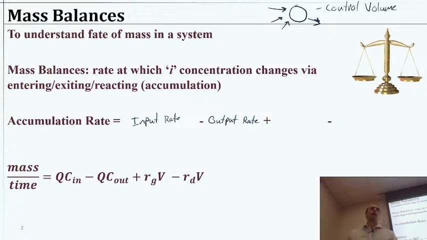Again, we could have multiple exits. There's nothing wrong with that. And then anything that's going to add in a positive way to accumulation are the inputs and the growth reactions, so we could say plus growth rate or growth reaction, minus a decay reaction.